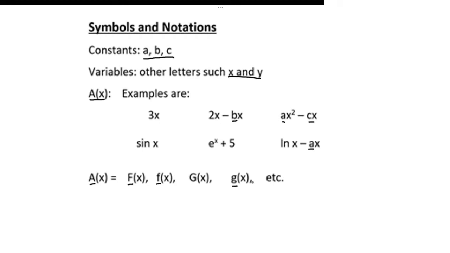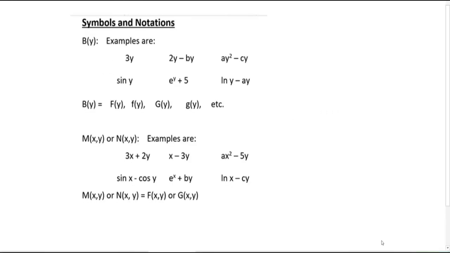How about when the letter x is changed to letter y? For the given 6 expressions that contain only variable y, the notation is B(y). Again, the letter B in this notation can be represented with other capital or small letters such as f and g. However, we will be using B(y) in our discussion.